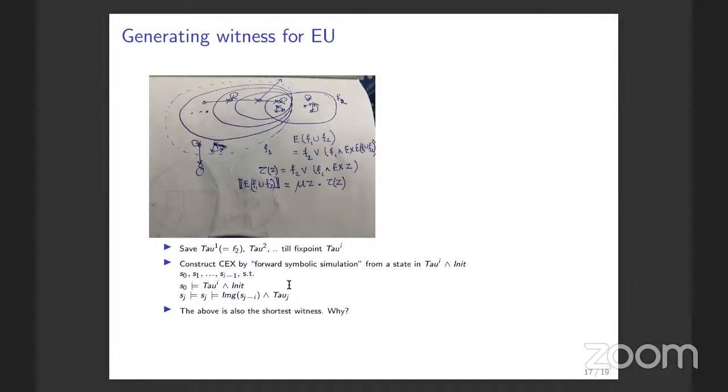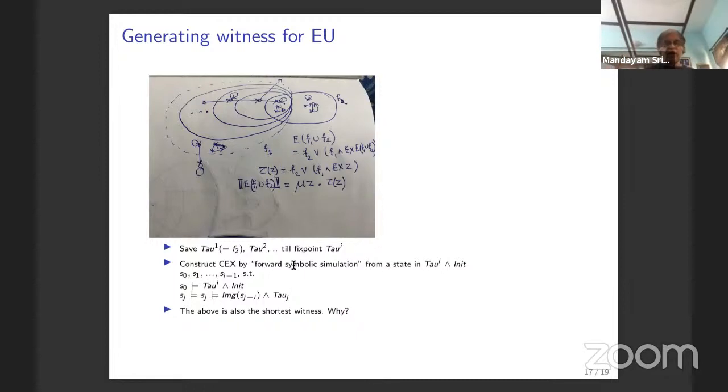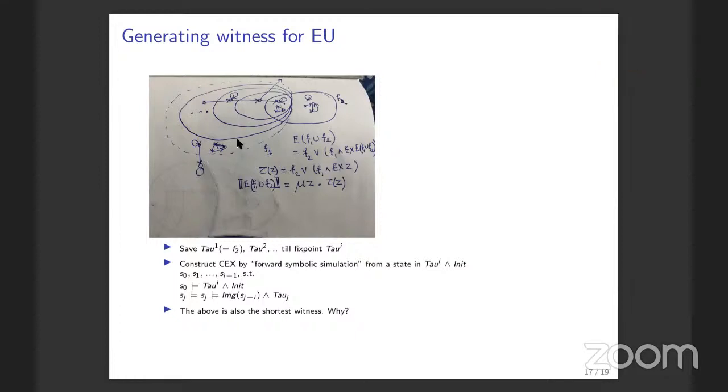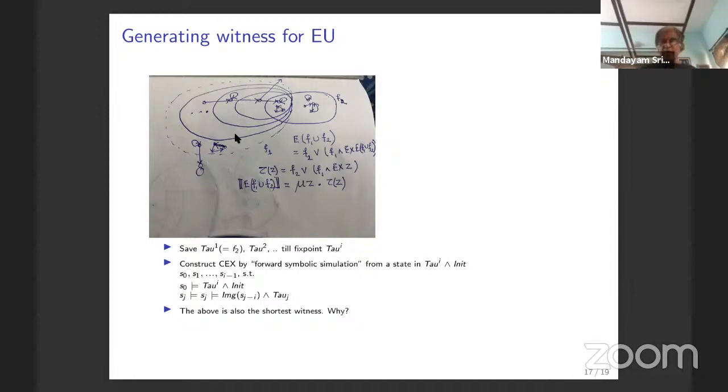Because I have started from S0, it must be tau to the superscript of I is j plus 1 or something. Maybe I minus j. So it should be I minus j, something like that. Yes. And that's what you will have to do.